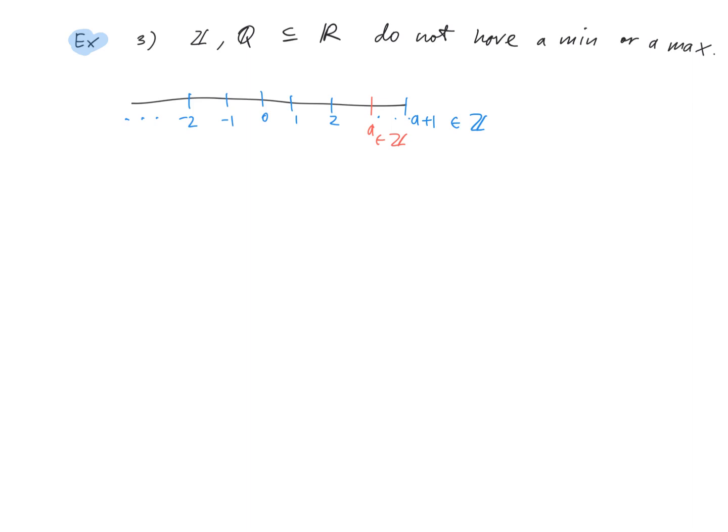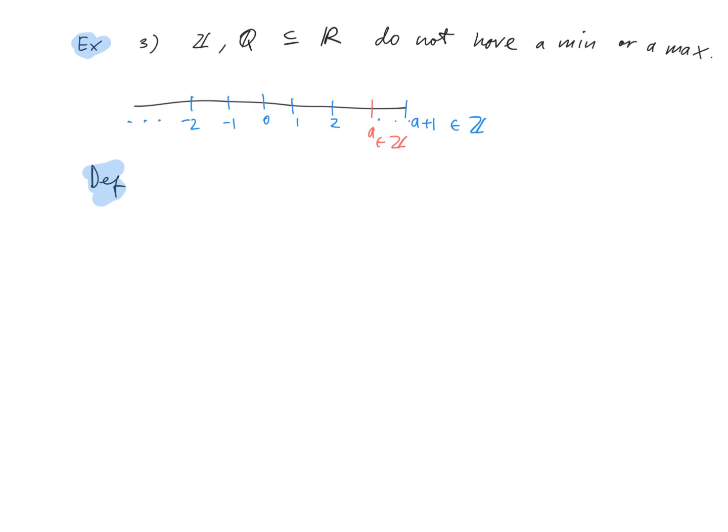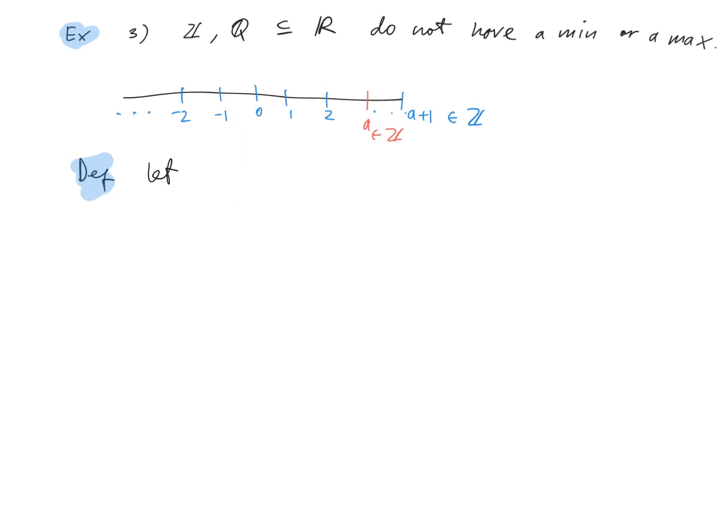Apart from the minimal and the maximal elements of a set, we can also talk about the upper bound and the lower bound. Towards this, we make the following definition. Let S be a subset of the reals, non-empty.